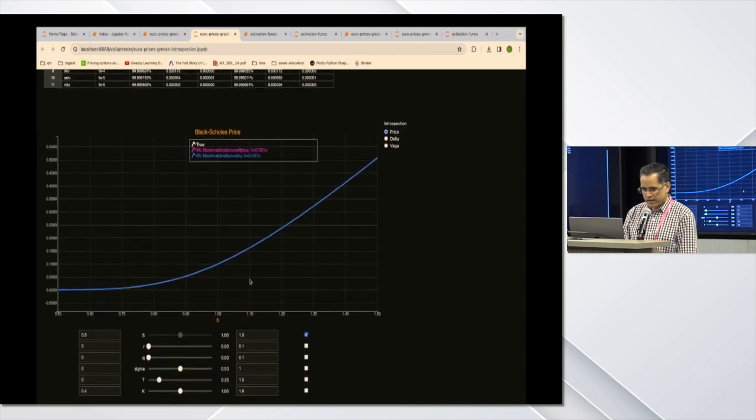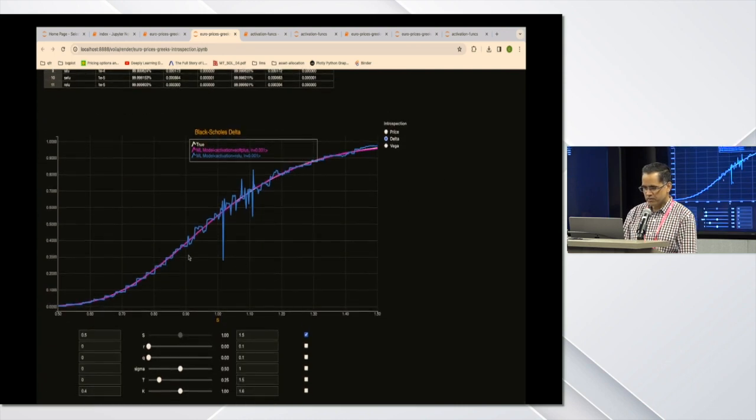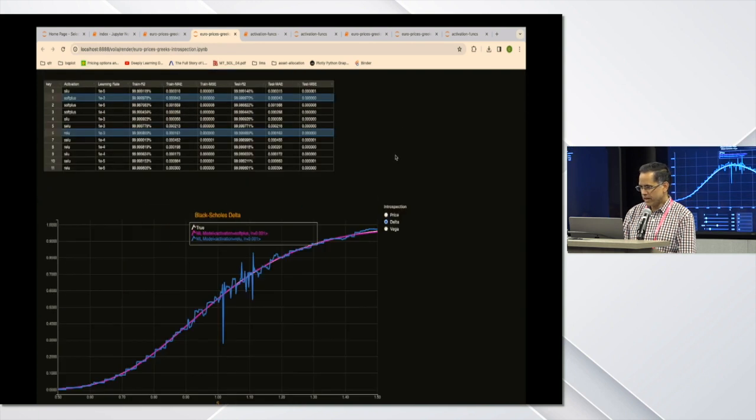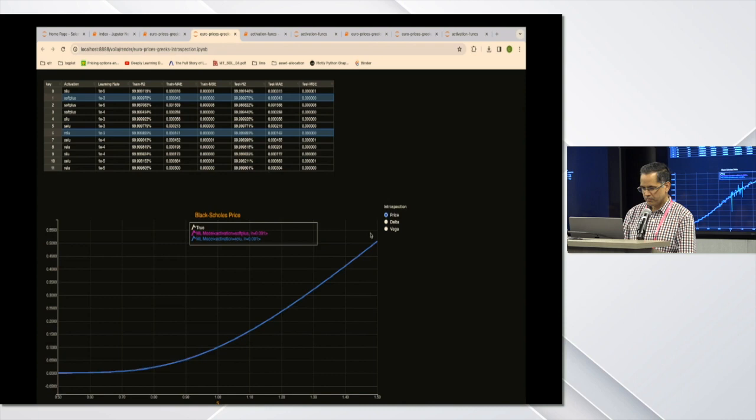ReLU did a good job when it's trying to learn the price, but for Greeks, unfortunately, it's horrible, as I was mentioning before, because ReLU has some issues with the derivatives. The first and second derivatives of ReLU are singular. So as you can see, the ReLU model did not do a good job on the Greeks. Here I'm also showing you vega. So ReLU is a bad choice, as you can see from here.